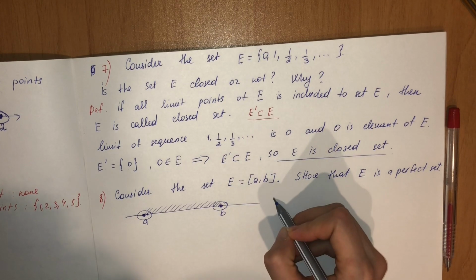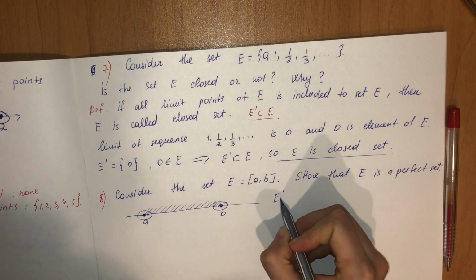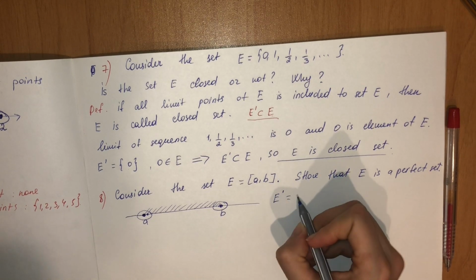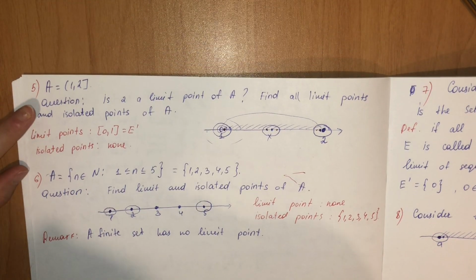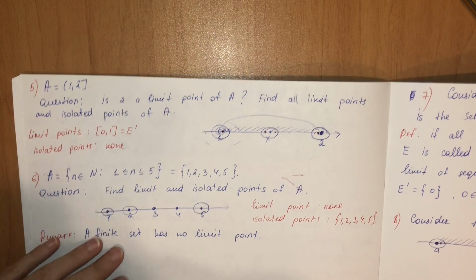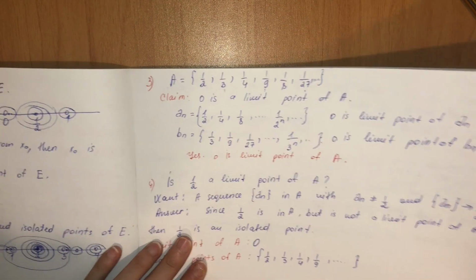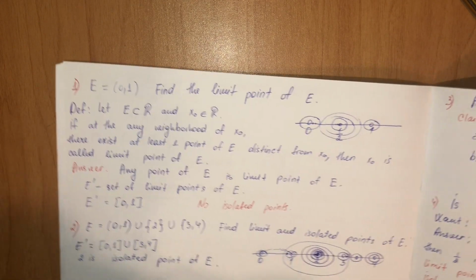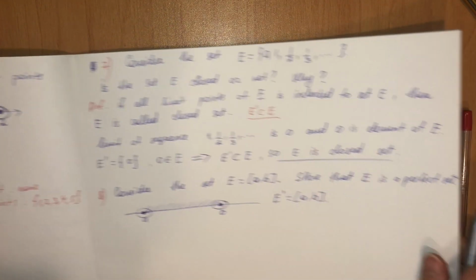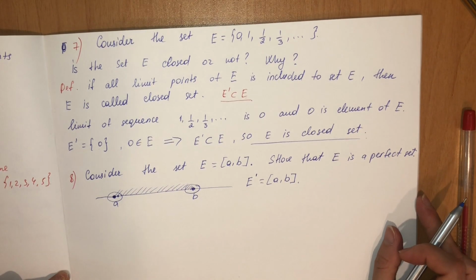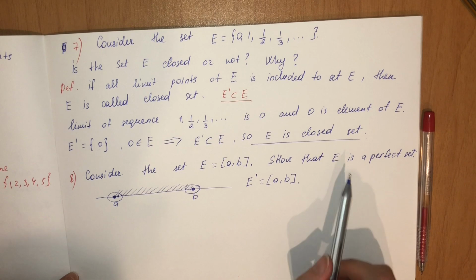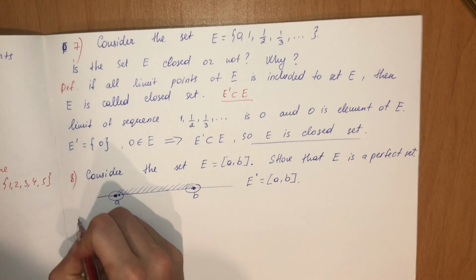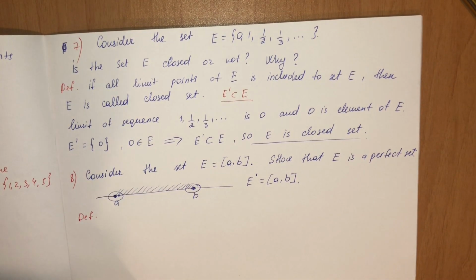Okay, so what is E prime? The set of limit points of E is also AB. We have proved it in our previous examples, Example 5 and Example 1 and so on. And what is the definition of a perfect set? Let's recall the definition of a perfect set.